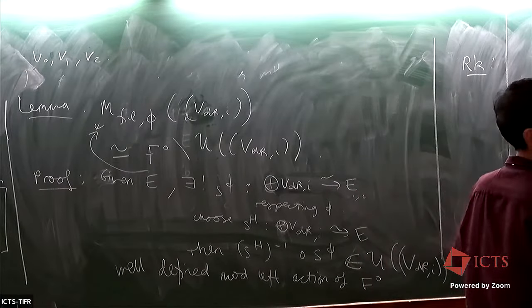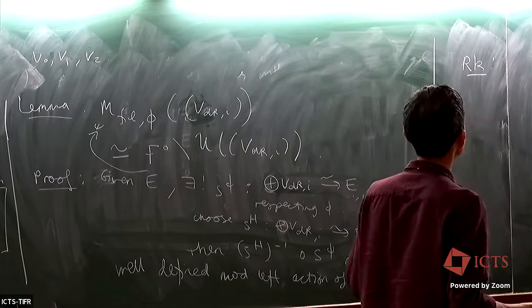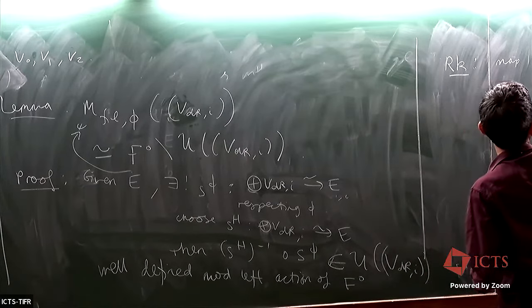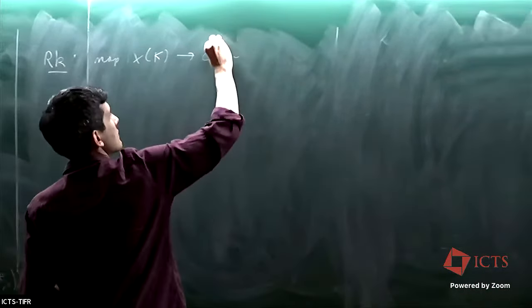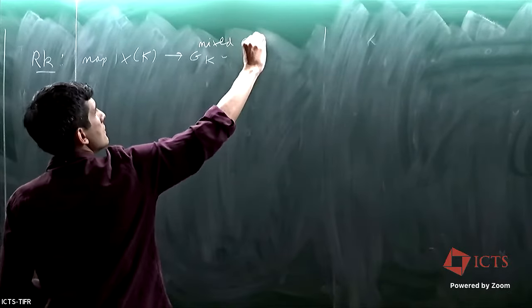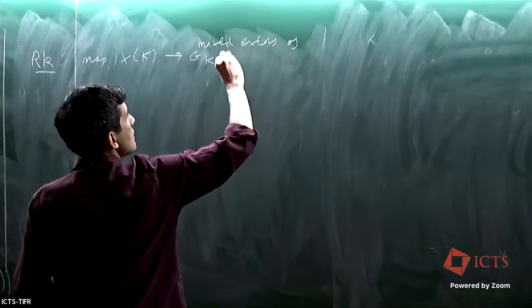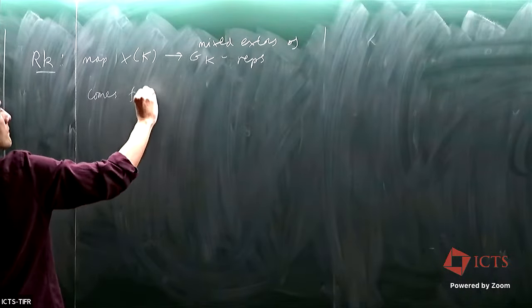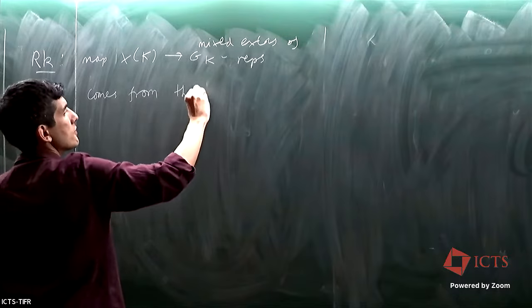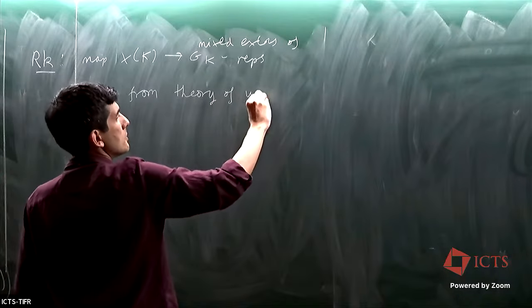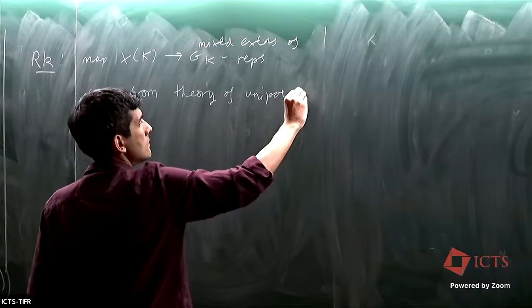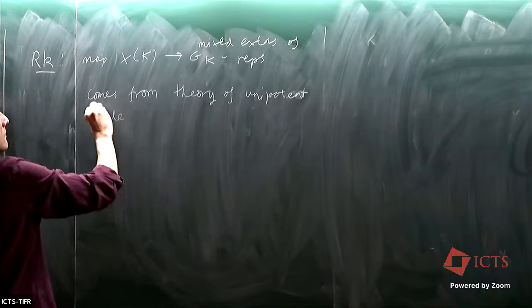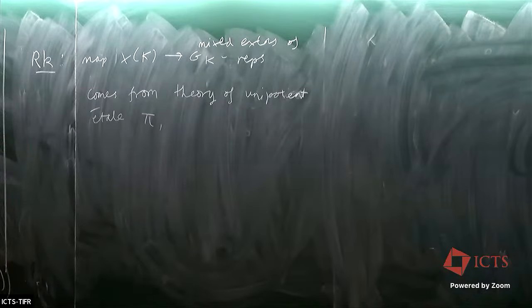Well, it comes from unipotent étale fundamental groups. But it's a big black box that I haven't spoken about in these lectures.